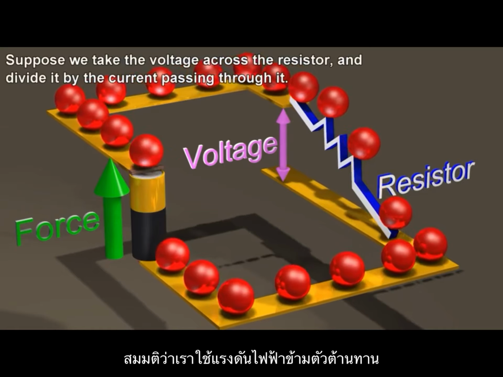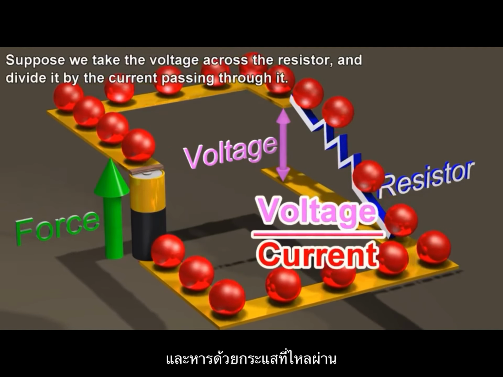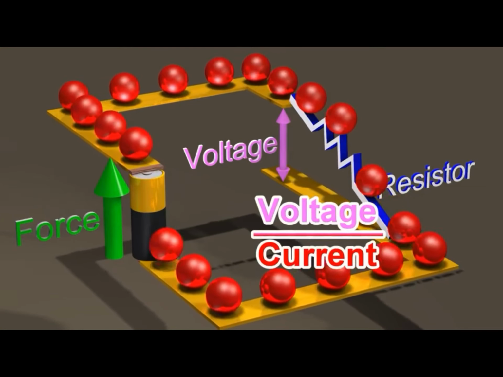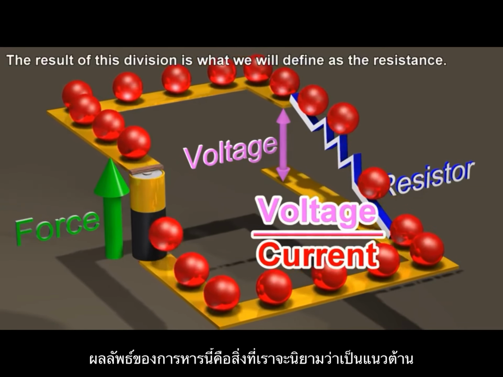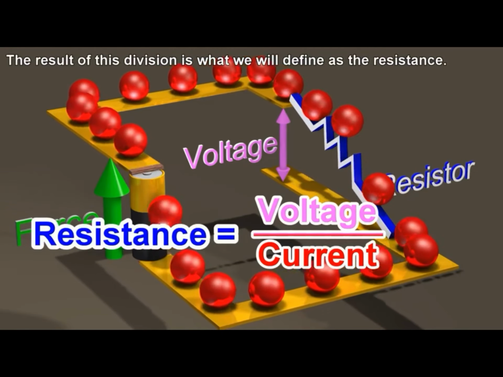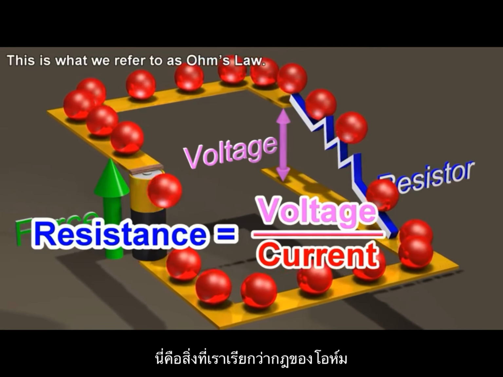Suppose we take the voltage across the resistor and divide it by the current passing through it. The result of this division is what we will define as the resistance. This is what we refer to as Ohm's law.